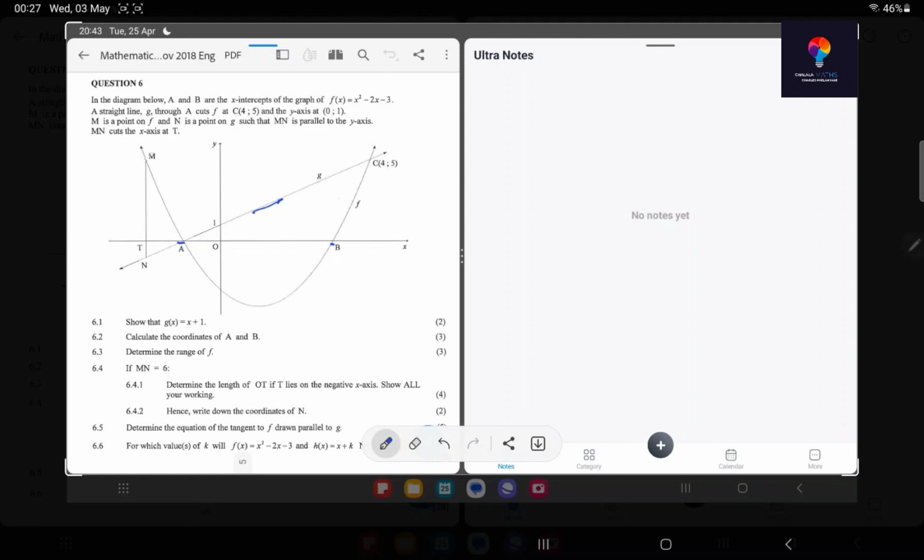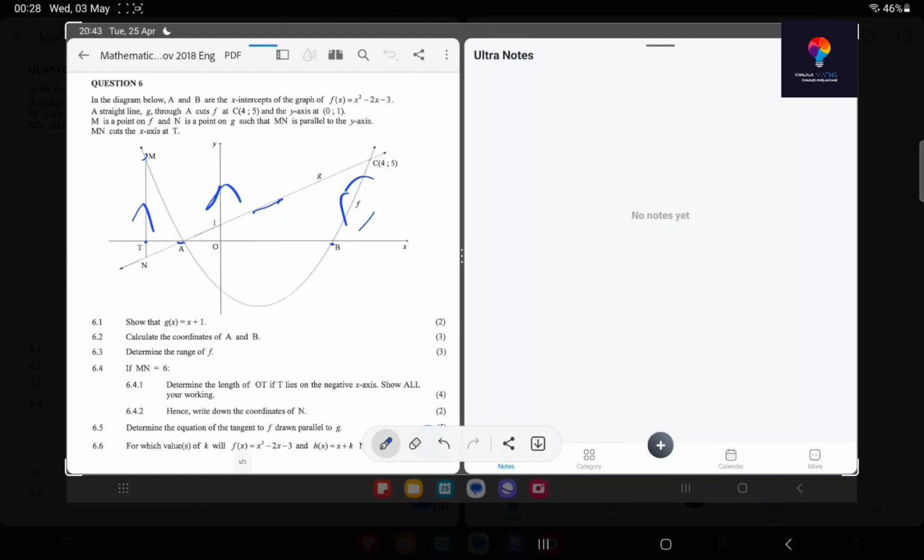M is a point on f, and N is a point on g, such that MN is parallel to the y-axis, and MN cuts the x-axis at T.